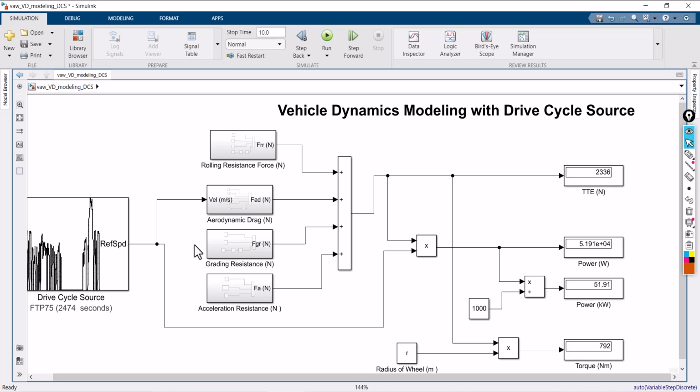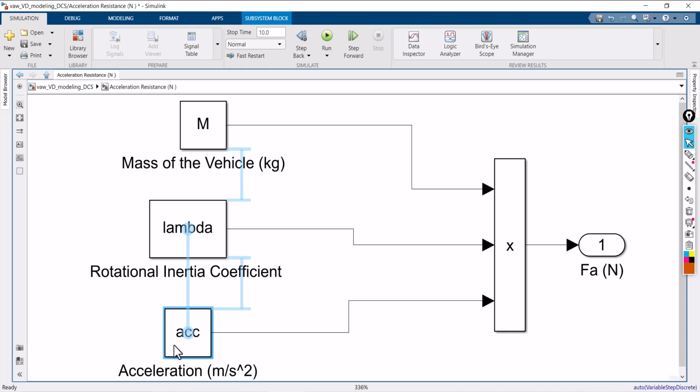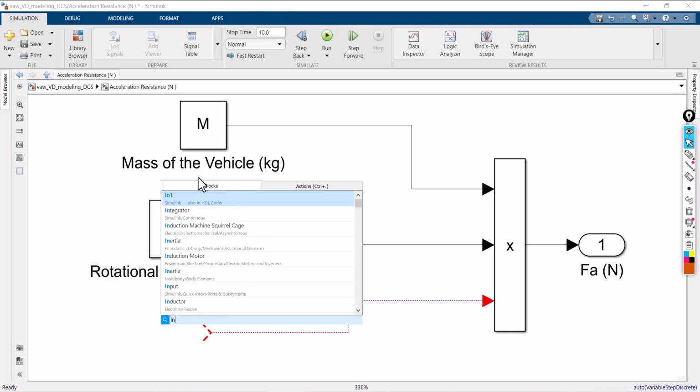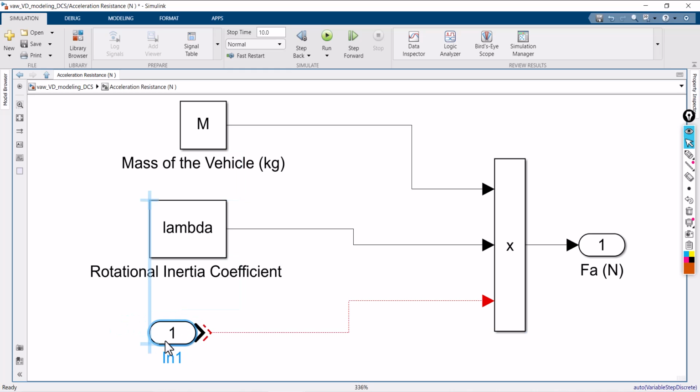What about acceleration? If you come to equation number 4, that is acceleration distance, you have the acceleration. Similarly, delete this acceleration, create one input port, and rename that input port as acceleration. It's in meter per second square.